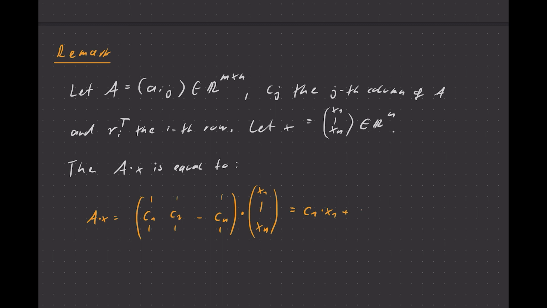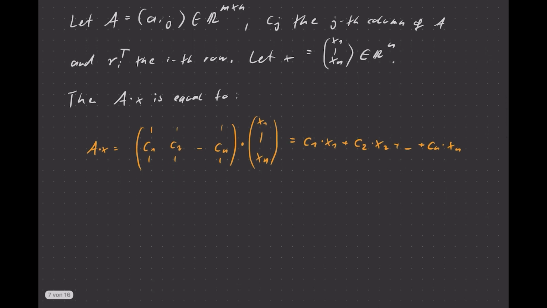Then add the column C2 multiplied by x2, and so on up to Cn times xn. So basically what we get as a result here is that A times x is a linear combination of the columns of A with coefficients x1 to xn.